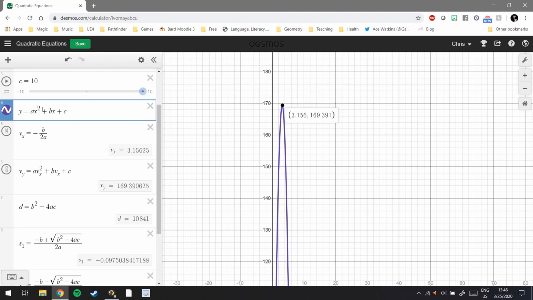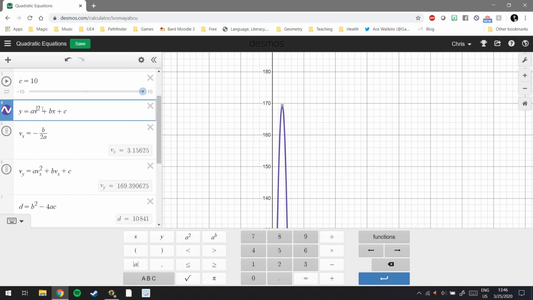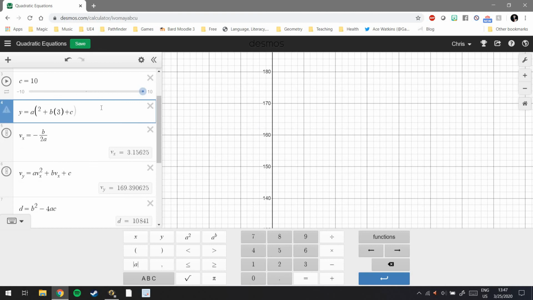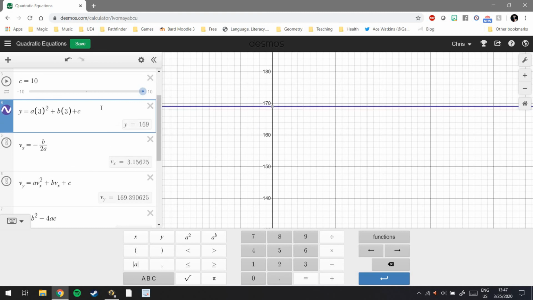So what I can do, I believe I can add a statement x equals 3. Alright. For here, what I would be able to do is just plug in 3 for x, and get my answer of exactly 169.